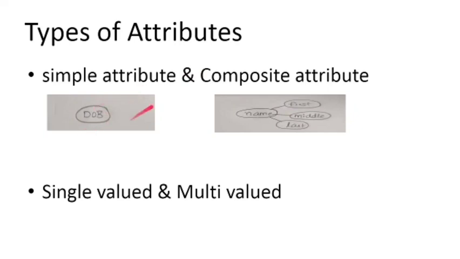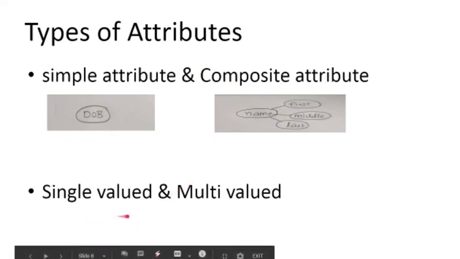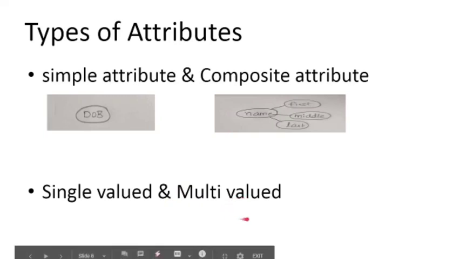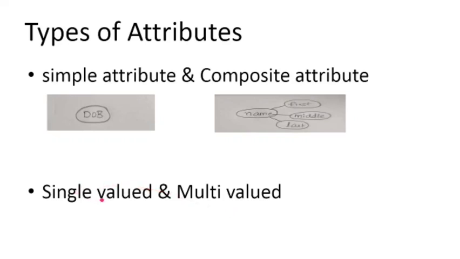So these two are one kind of attribute. Then we have single valued and multi-valued. What does multi-valued mean? If for that attribute we can store more than one value, then we term it a multi-valued attribute. Single valued means we can store only one value, we can't store more than one, then we term that attribute a single valued attribute.